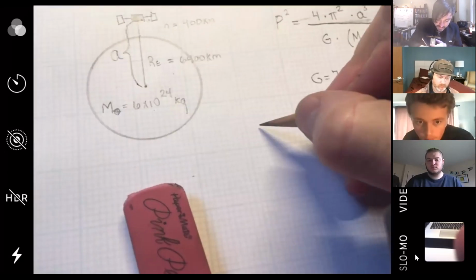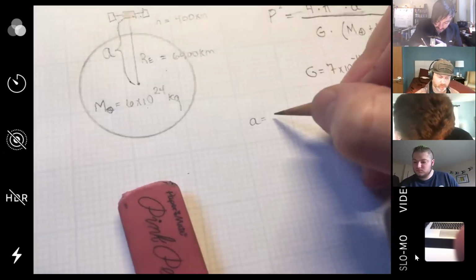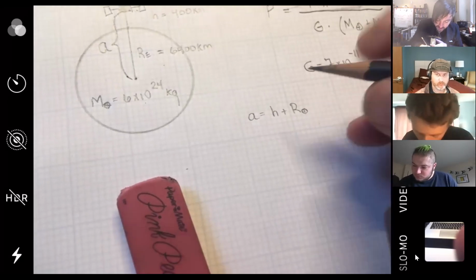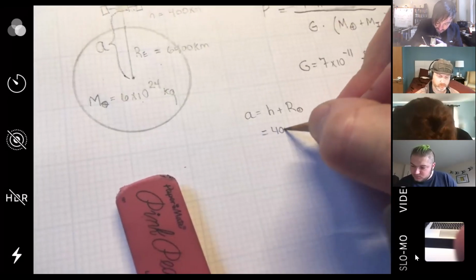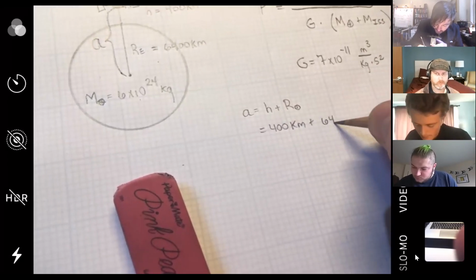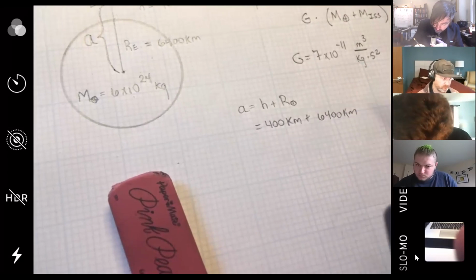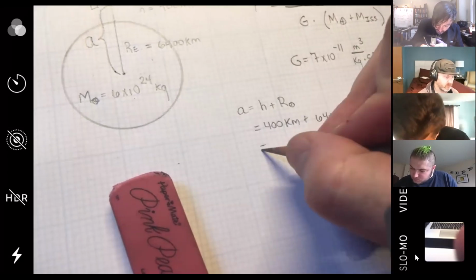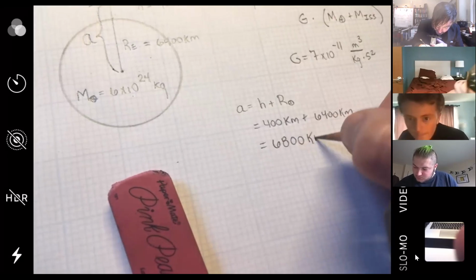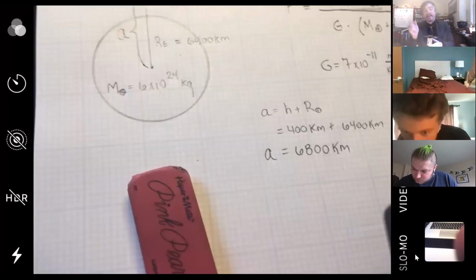So A is the height of the shuttle plus the radius of Earth, 400 kilometers plus 6,400 kilometers is 6,800 kilometers. That's the A.